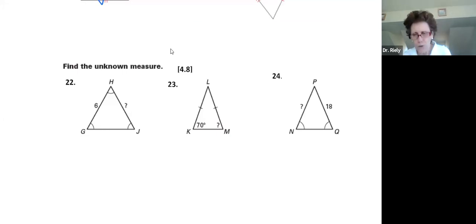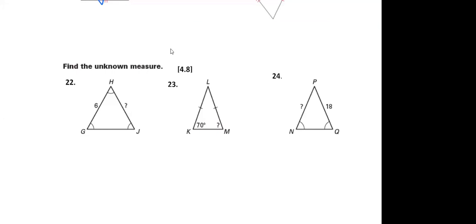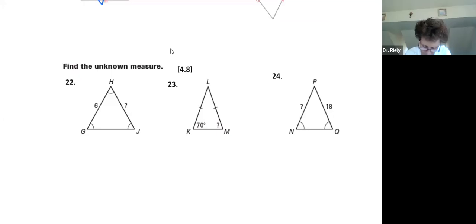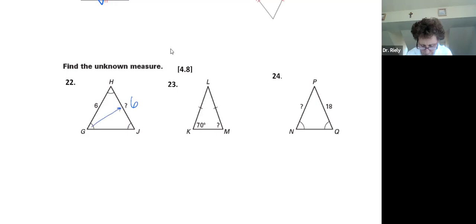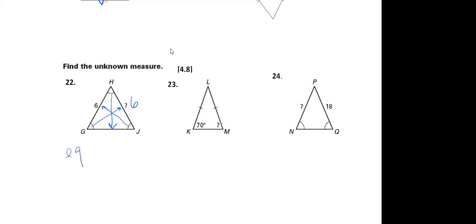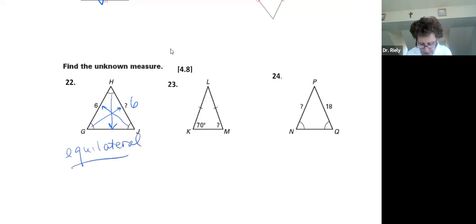So 22, what do you have? Gina, what do you think? 6. I'd agree. How come you got 6? Because on the other side it's 6, and all of the angles are equal. Right, and if all the angles are equal, then all the sides are equal, and that's why 6 is a good answer. So this is an equilateral triangle.